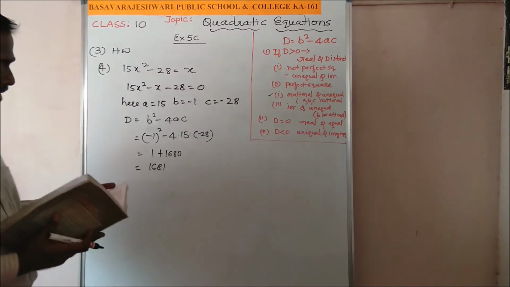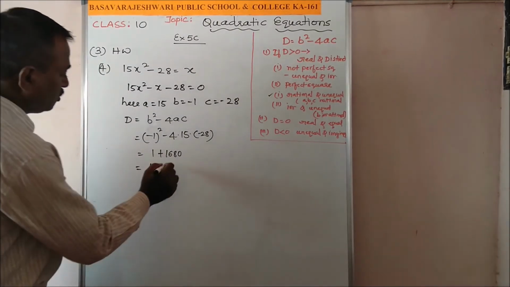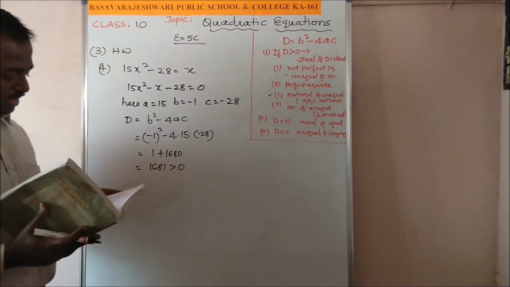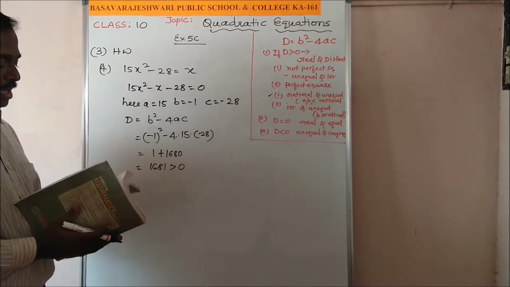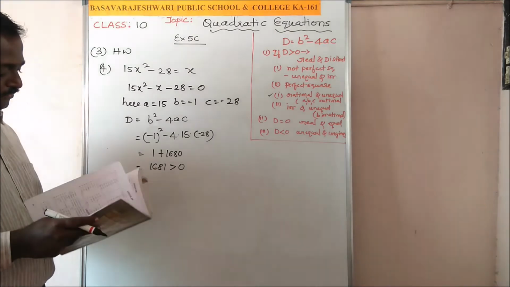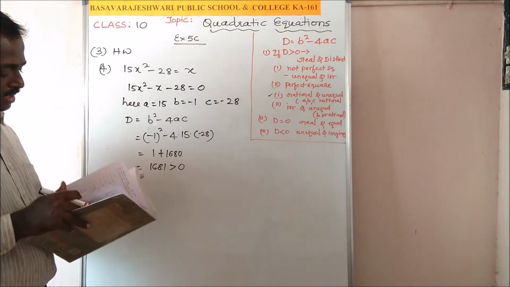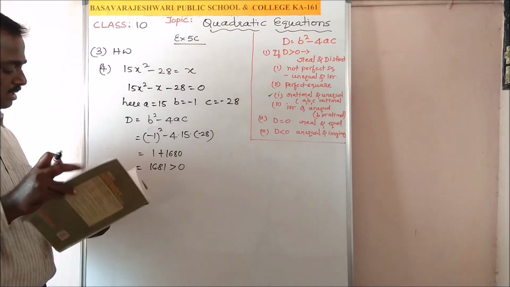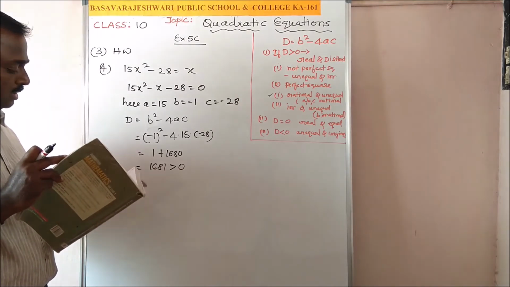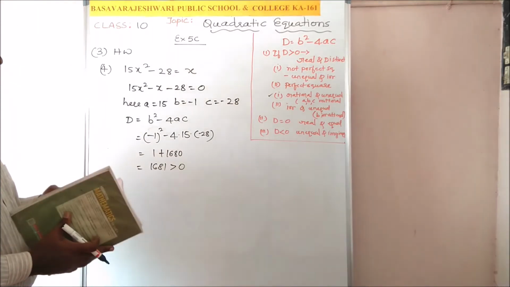So 1681 is greater than 0, no problem. It is greater than 0, but is it a perfect square? So I'll check. The fourth one: rational and unequal.